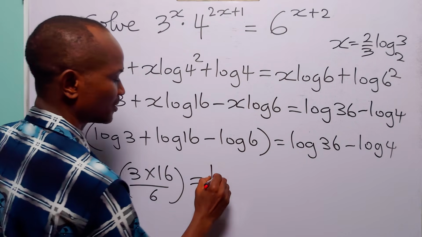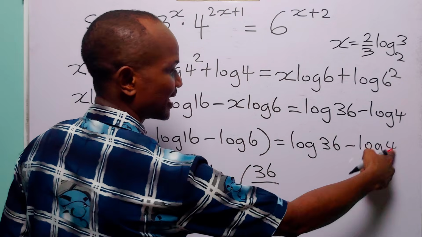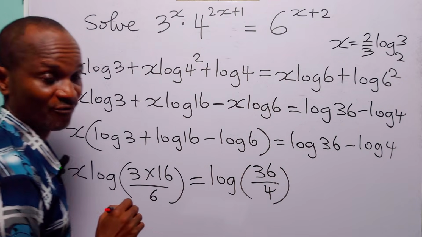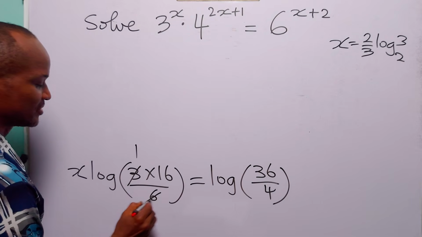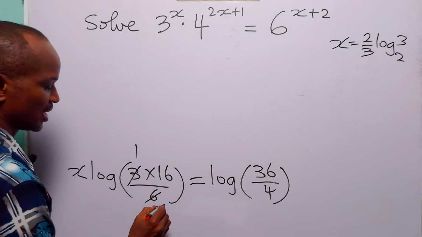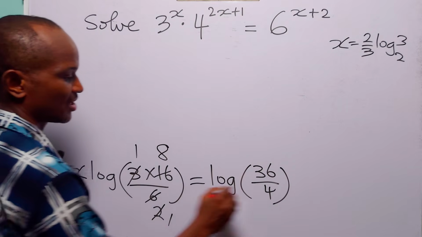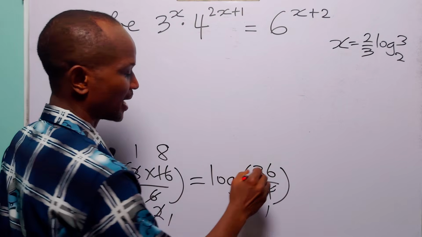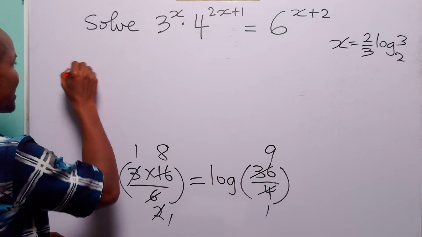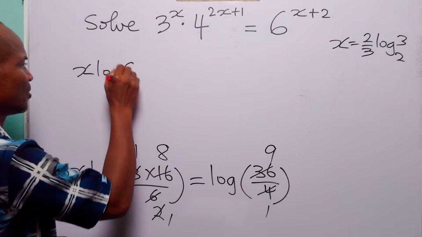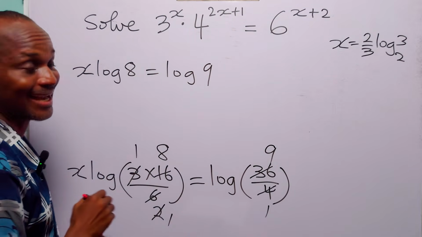And this is equal to log of 36 divided by 4. 3 into itself is 1, into 6 is 2. 2 into itself is 1, into 16 is 8. 4 into itself is 1, into 36 is 9. So we have that x times log 8 is equal to log 9.